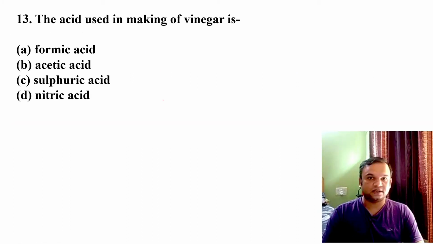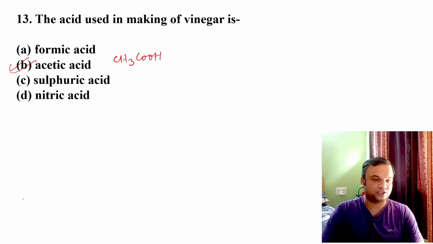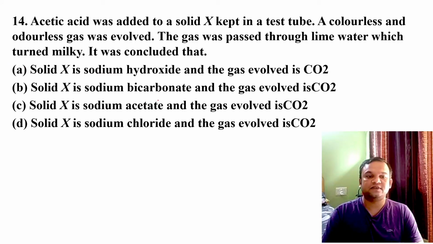Next question says, the acid used in making of vinegar is acetic acid. Acetic acid formula is CH3COOH. Next question says, acetic acid was added to solid X kept in a test tube. A colorless and odorless gas was evolved. The gas was passed through lime water which turned milky. It was concluded that, students, when the gas which was passed through the lime water turned milky, then the gas should be carbon dioxide and the solid X should contain a compound which contains carbonates.